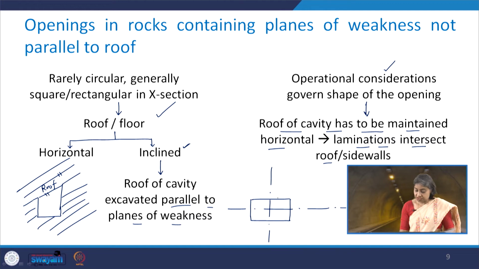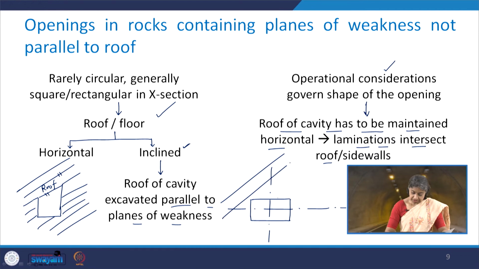So, its roof is to be horizontal, and you have the planes of weakness like this.